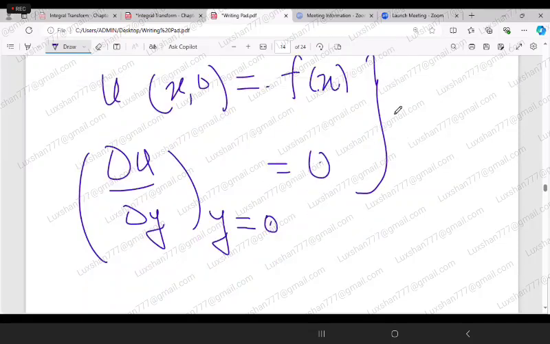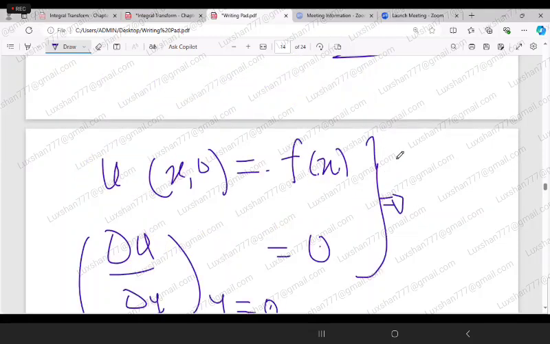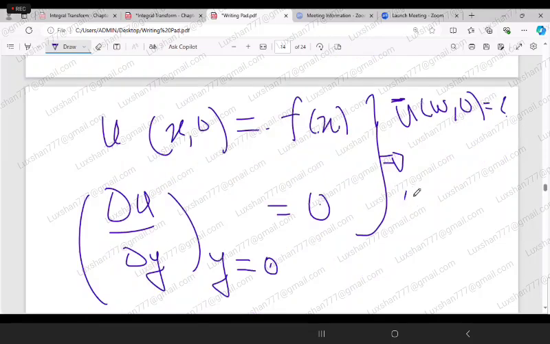We want to find u bar(omega, 0), and similarly du bar/dy when y equals 0.